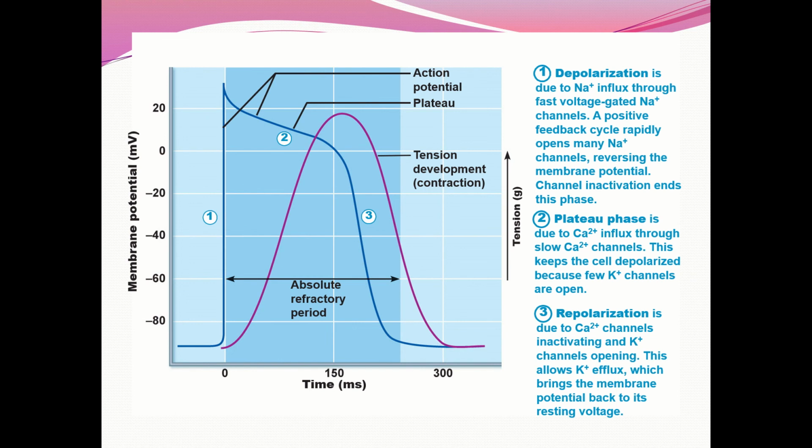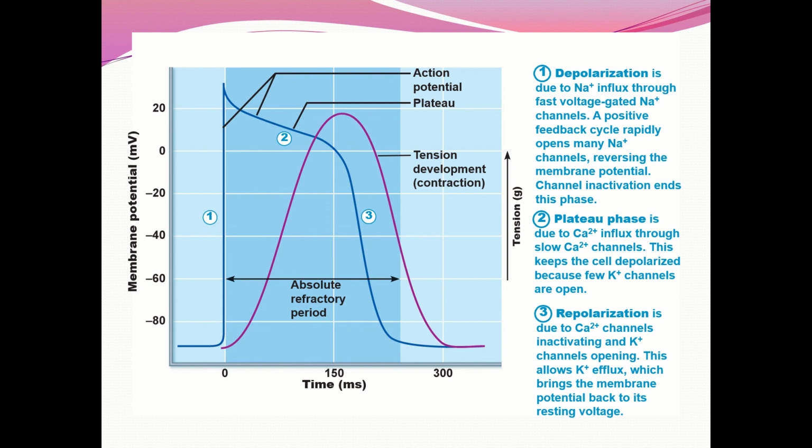This illustration shows the steps of the heartbeat. Depolarization is going to be due to a sodium influx through fast voltage gated sodium channels. A positive feedback cycle rapidly opens many sodium channels, reversing the membrane potential from a negative to a positive. That's depolarization. Channel inactivation will end this phase. Then in step 2, the plateau phase is beginning due to calcium ion influx through slow calcium ion channels.